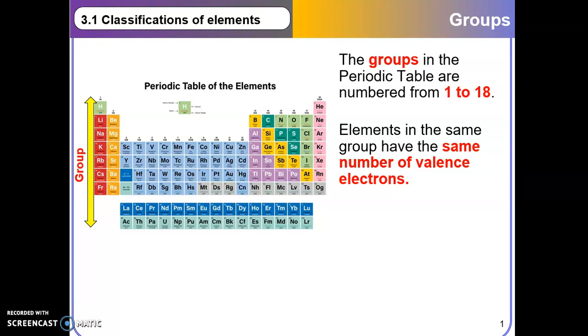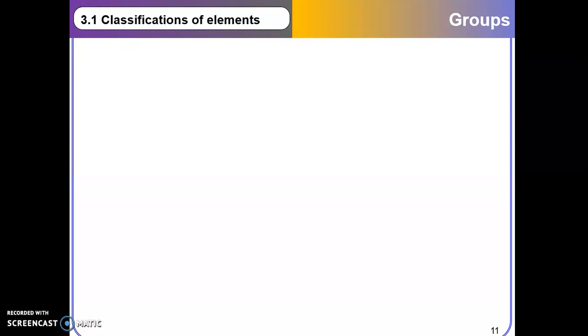The elements in the same group have the same number of valence electrons. So bear in mind, if the elements all have the same number of valence electrons, they will have the same chemical properties.